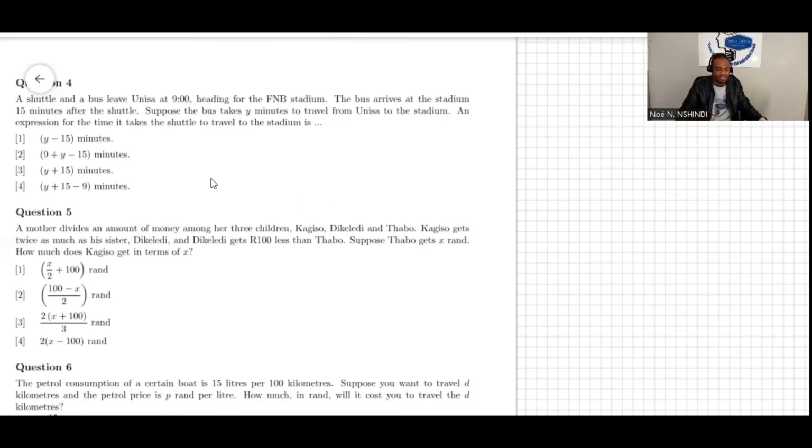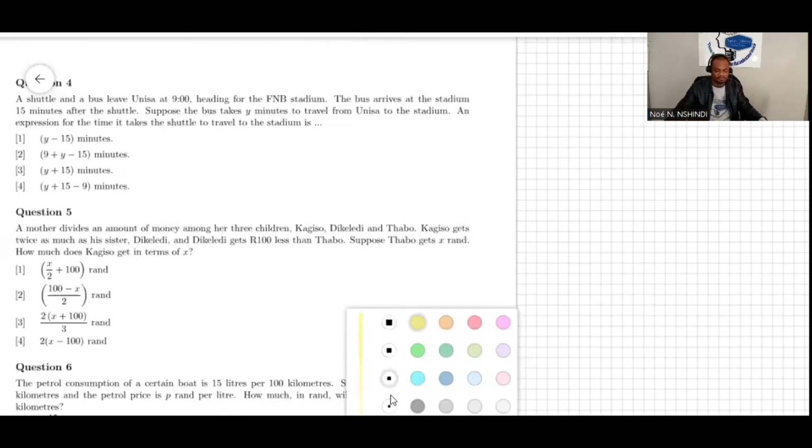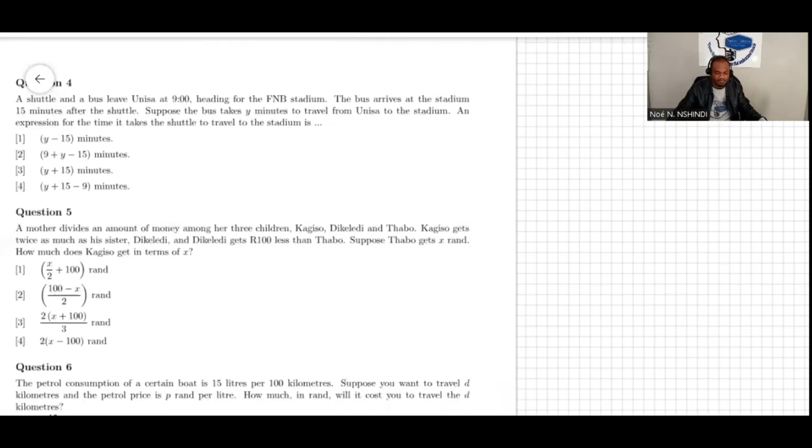Okay, here it says that the bus arrives at the stadium 15 minutes after the shuttle. It means, let's say the shuttle travels like 30 minutes, okay?